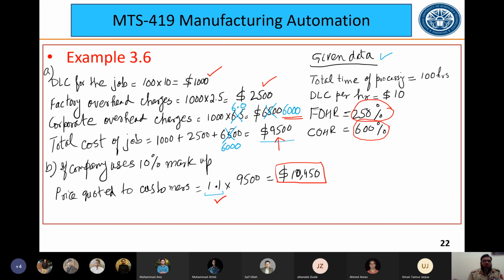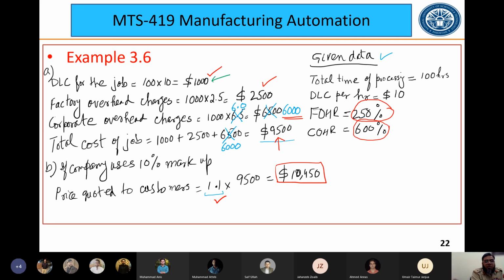So direct labor cost जो आपकी जॉब की है that is, चूंकि 100 क्वांटिटी है और $10 पर पीस है तो $1,000 is your direct labor. ठीक है, ये given है हमें.